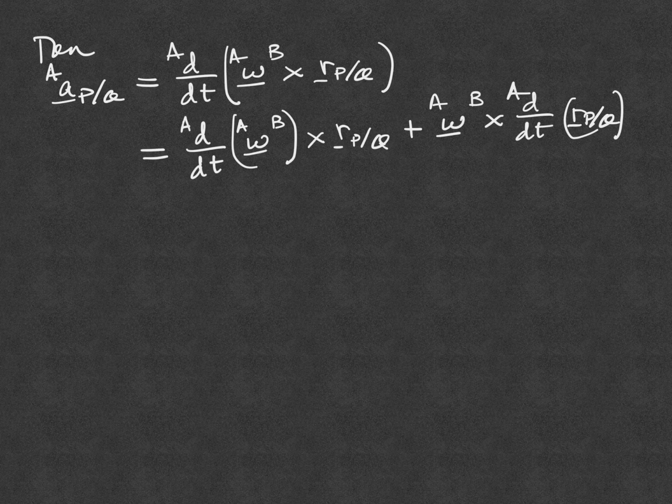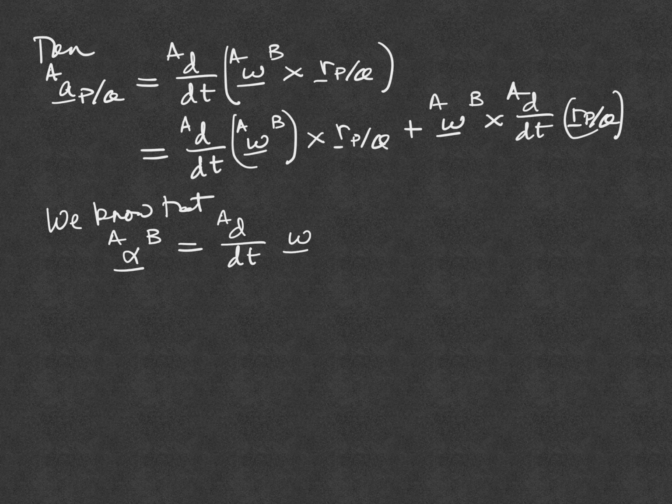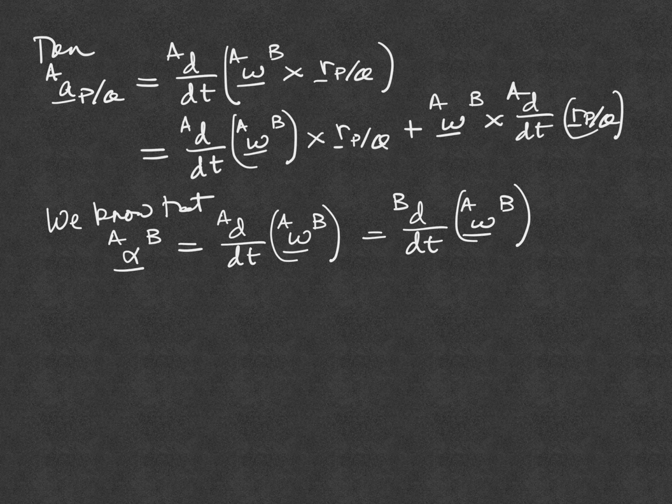So now we know that the angular acceleration of B in A is equal to d dt in A of omega BA, which is also equal to d dt in B of omega BA. And that's from the transport theorem again, that d dt in A of omega BA is equal to d dt in B of omega BA, because the second term in the transport theorem is then omega BA crossed with omega BA, which is 0.